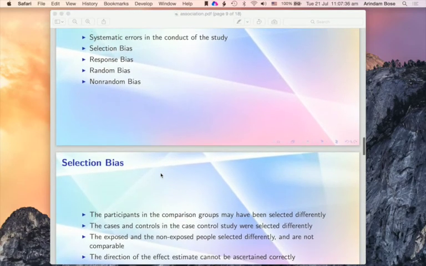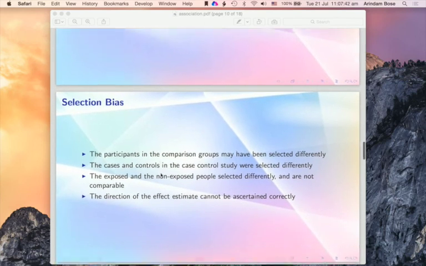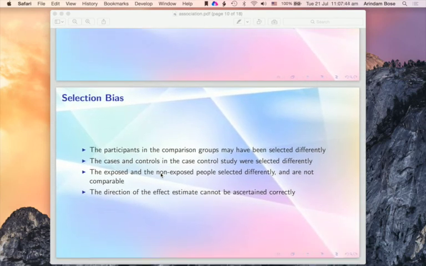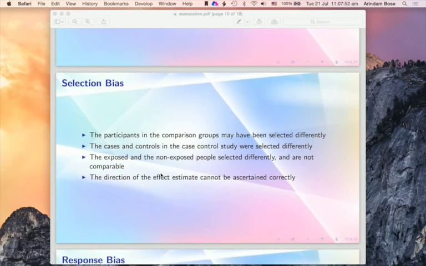So that's about biases. Now, selection bias is one where the participants in the comparison groups are selected differently. Say, for example, in a case control study on the association between environmental tobacco smoke and lung cancer, the cases and controls are selected quite differently from 2 different situations. That is, maybe the cases, or patients with lung cancer, are selected from a cancer ward, but the controls, or people who do not have lung cancer, are selected from the general population. That is an example of a selection bias that can occur.